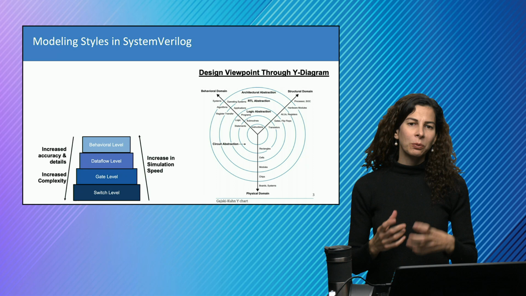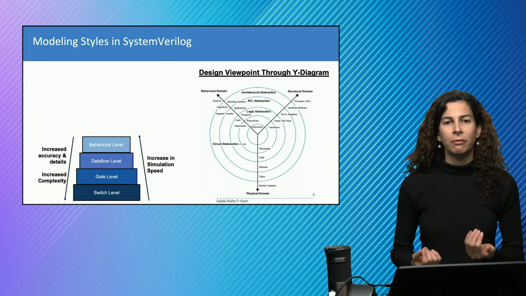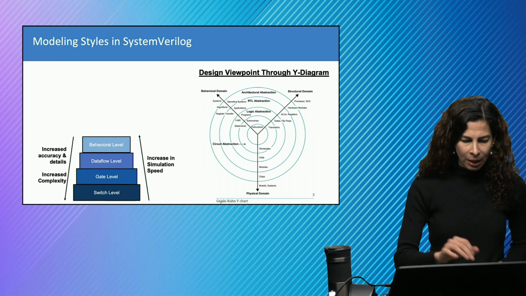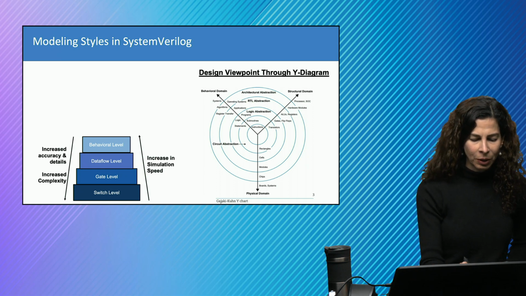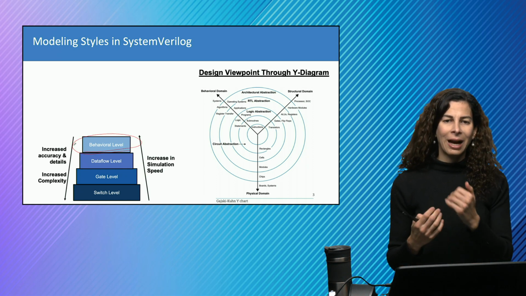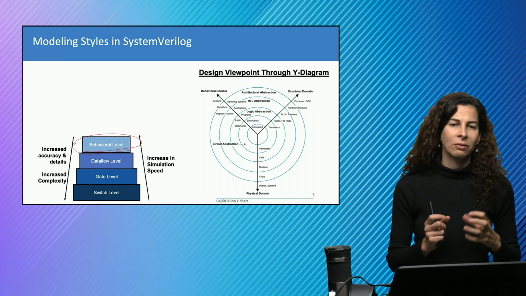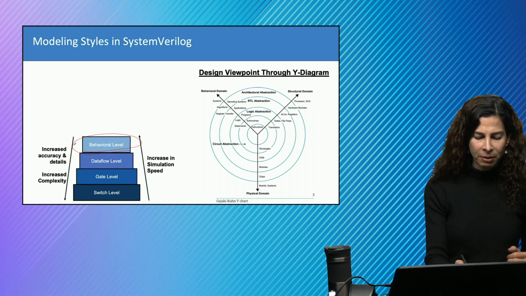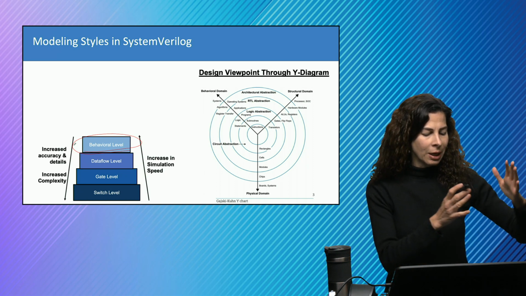There are different levels of abstraction we could define for our programs, and typically the highest level of abstraction is the behavioral level, but the behavioral level may not have all the accurate details of a design. As we go down the levels of abstraction, we may be talking about how the data flows in this behavior.